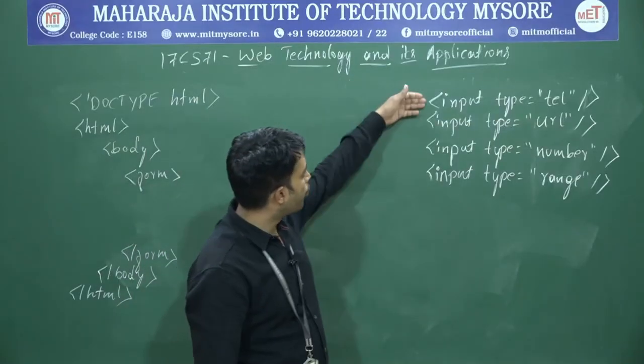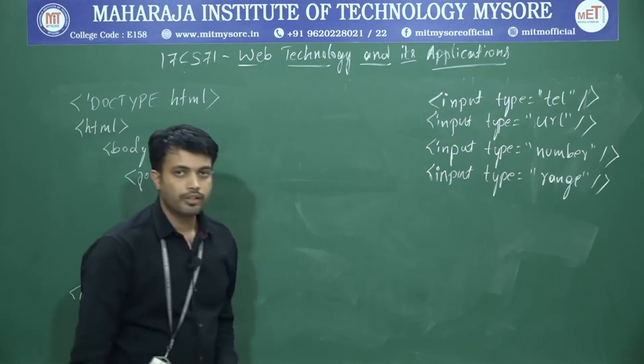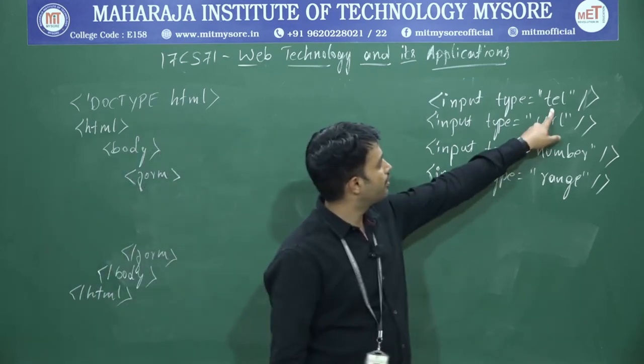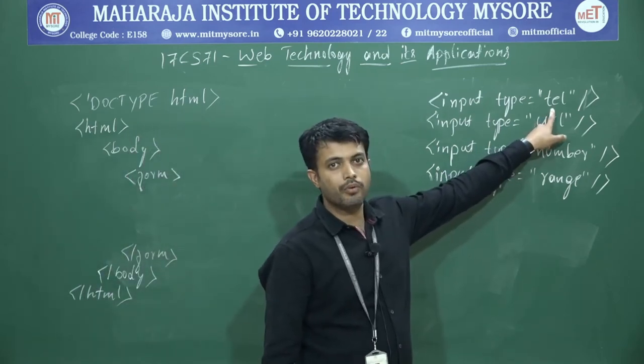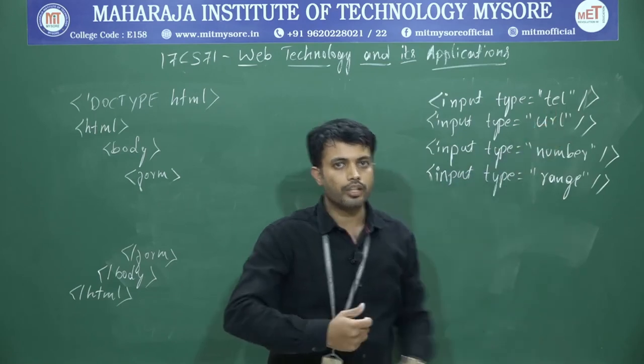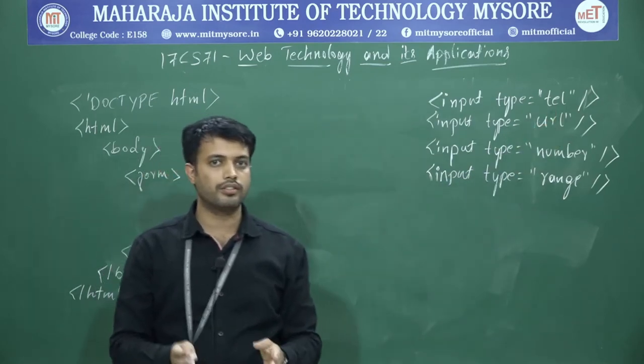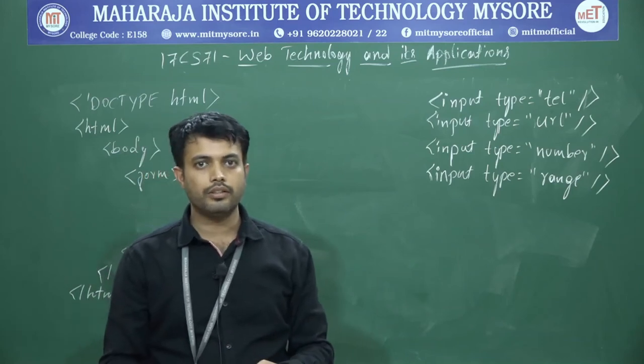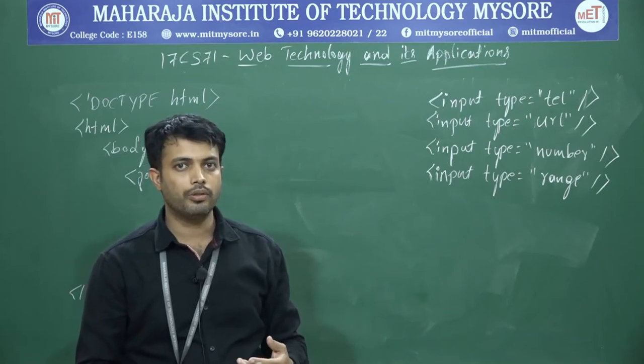Now look into a few more input types. One is TEL, which stands for telephone number. You all know that a telephone number has a standard format, and to evaluate it we would need to write some code.